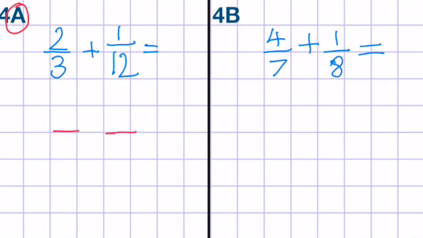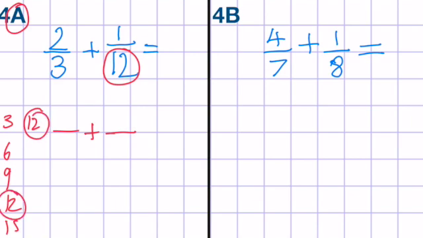Okay, so we cannot add 3 and 12 together because they are different denominators. However, I've noticed that 12 is a multiple of 3. I could just write down 3, 6, 9, 12, 15, and then 12, and I notice that 12 is going to be the common denominator.